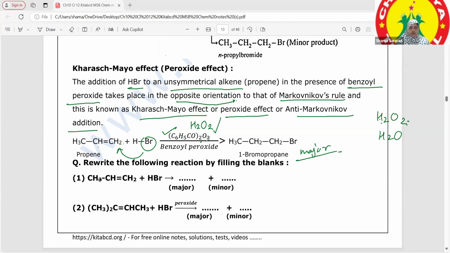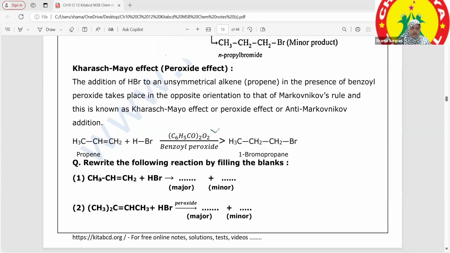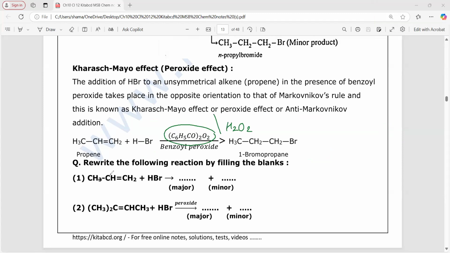So write down this formula: this is benzoyl peroxide, and H2O2 is hydrogen peroxide. Write down their names so later you do not forget. Yes, ma'am, I'll write it.